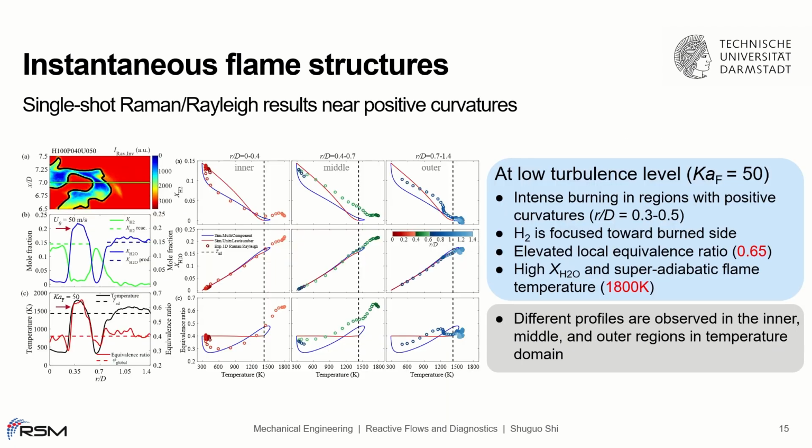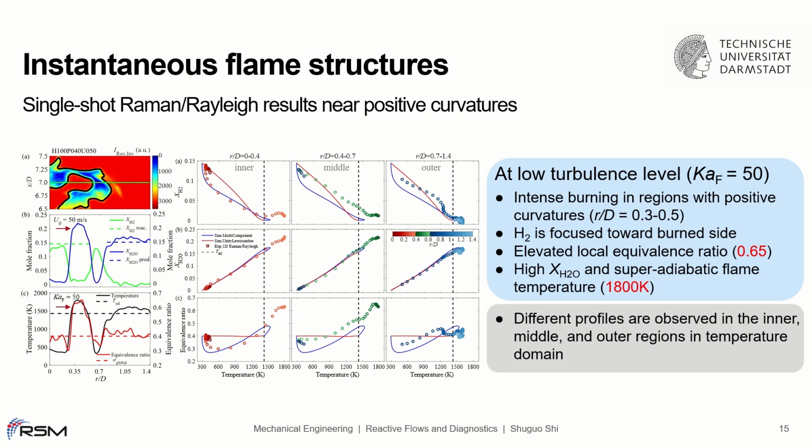To quantify the internal flame structures of the intense burning regions observed on the OH LIF images, single-shot Raman-Rayleigh results with low turbulence levels are shown in this slide. On the left-hand side, the flame structure is visualized by the inversed 2D Rayleigh signal, in which the green line indicates the 1D probe volume.